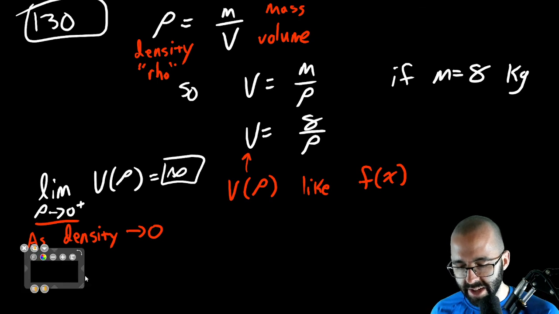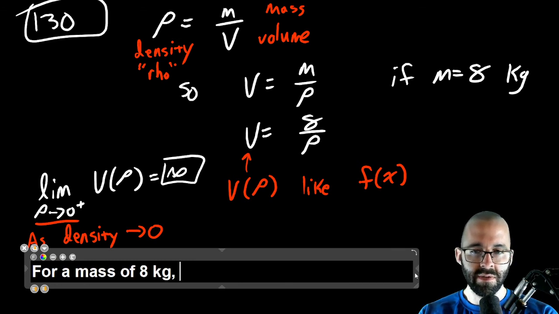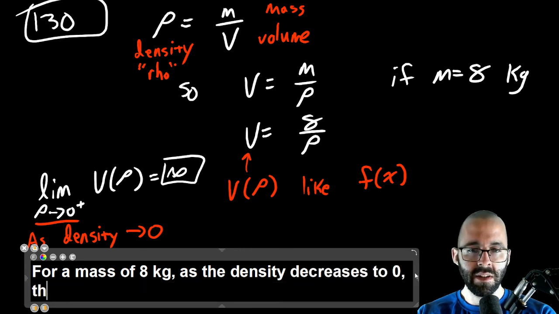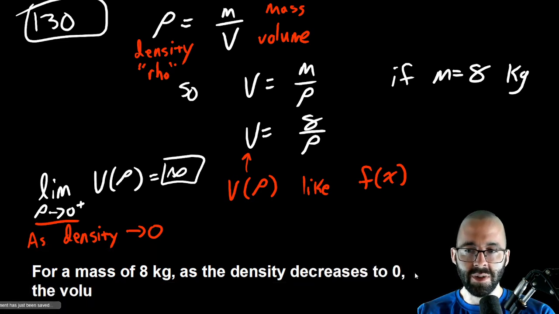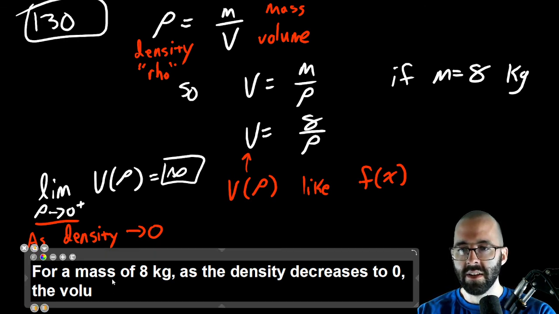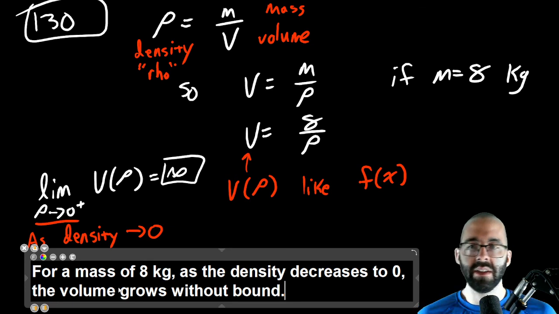So if we were to type it out, we'd say, for a mass of 8 kilograms, as the density decreases to 0, the volume increases to infinity. Volume grows without bound, or increases to infinity, however you want to say it.